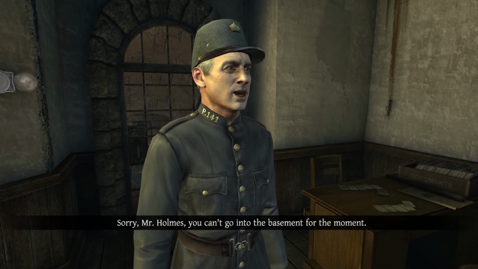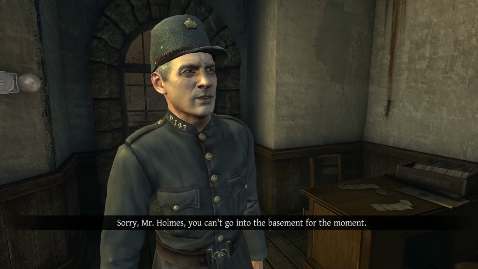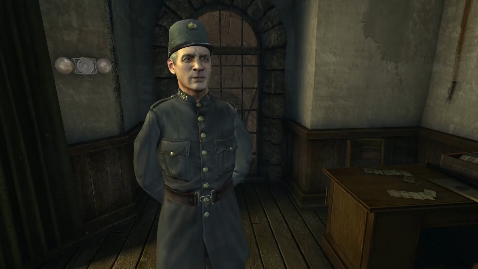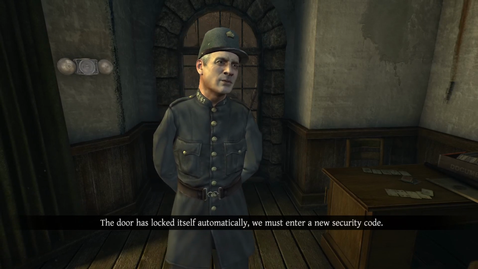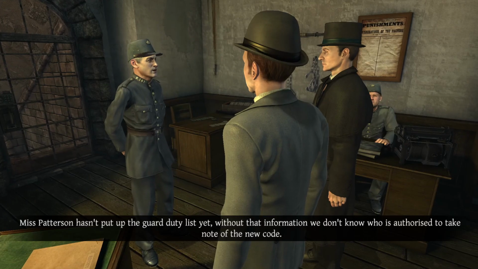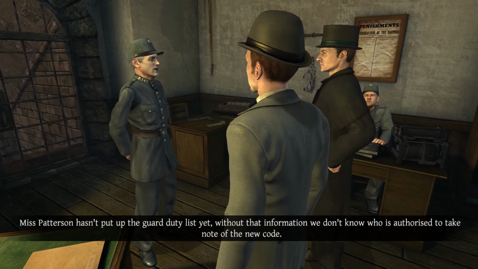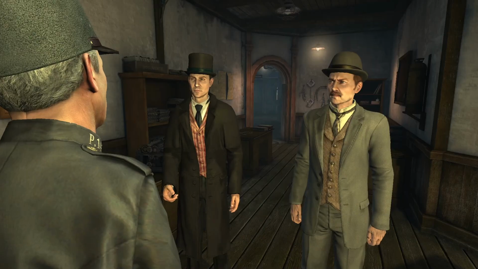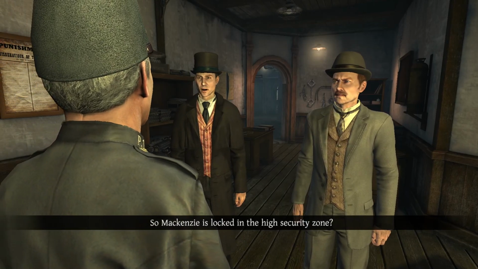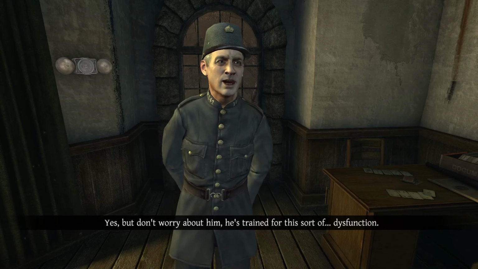Sorry, Mr. Holmes, you can't go into the basement for the moment. For what reason? The door has locked itself automatically. We must enter a new security code. Do it, then. Miss Patterson hasn't put up the guard duty list yet. Without that information, we don't know who's authorised to take note of the new code. So Mackenzie is locked in the high security zone? Yes, but don't worry about him.